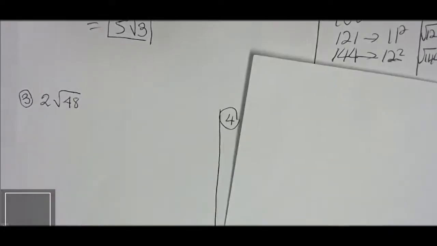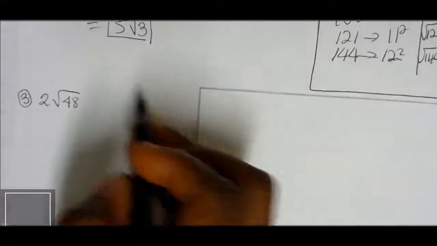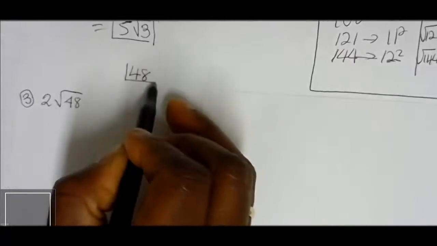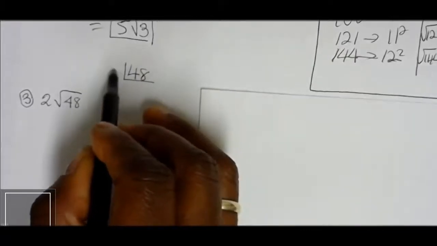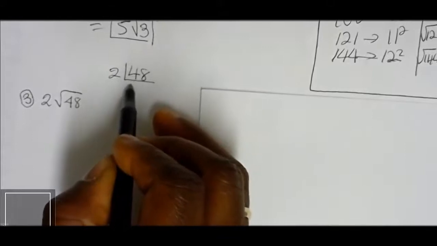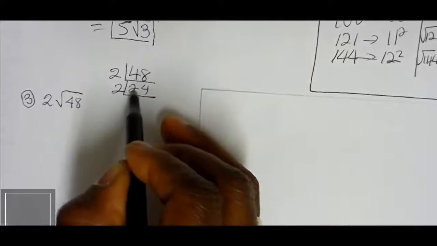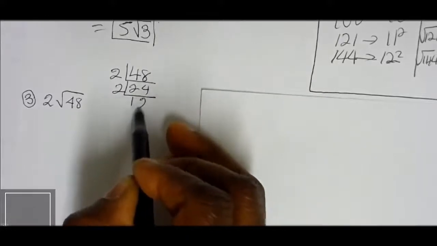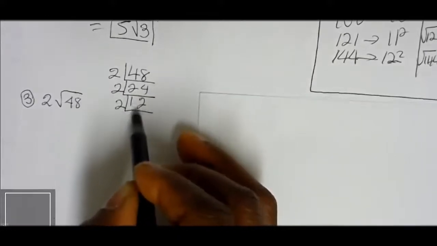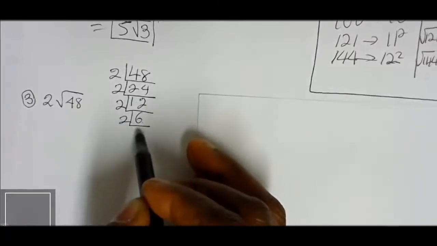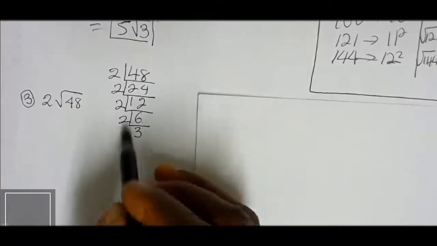Next problem: 2 times square root of 48. 48 is not a perfect square, so let's find the prime factorization. Start dividing 48 by prime numbers. 2 goes into 48, 24, 2 goes again, 12, 2 goes again, 6, 2 goes again, 3.